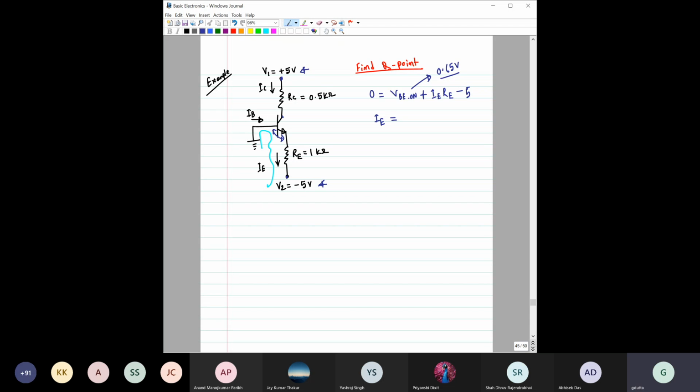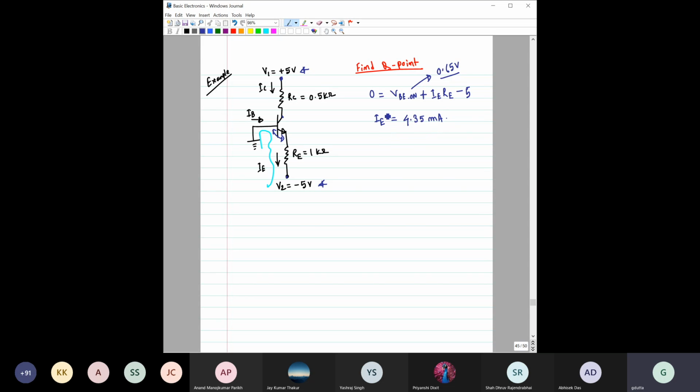Please tell the value of IE here. Sir, 4.35. Okay, very good. 4.35, units are milliampere. Very good. So 4.35 milliampere, right?